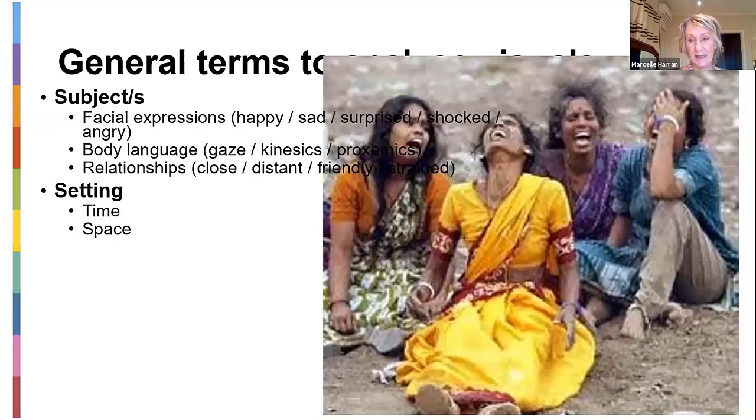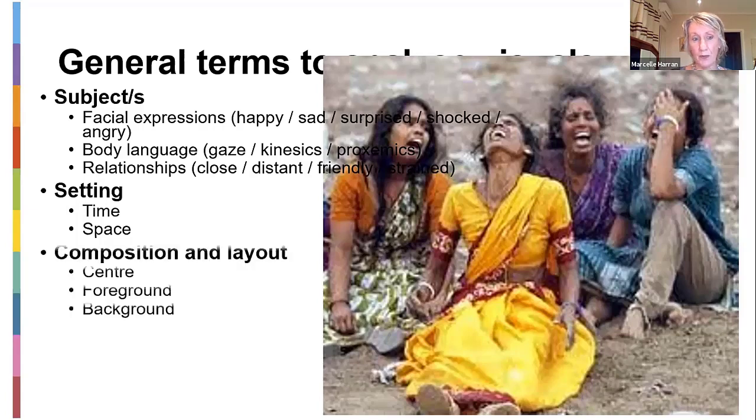You can see their kinesics: they are sitting closely together, their arms are down, their faces are up. One lady is looking at the other, making no eye contact. And you can see they're obviously very close. The setting would obviously be Thailand, and the time would be 2004.